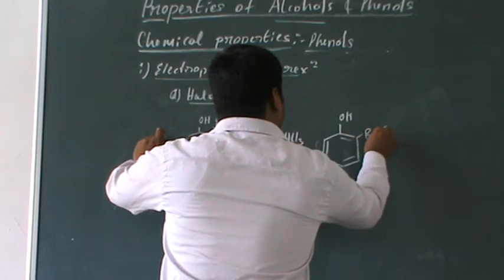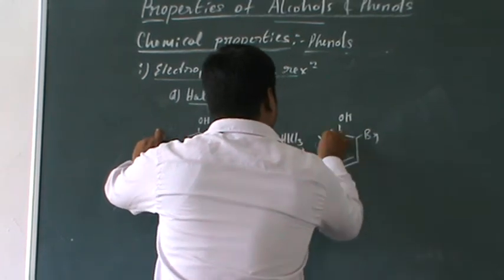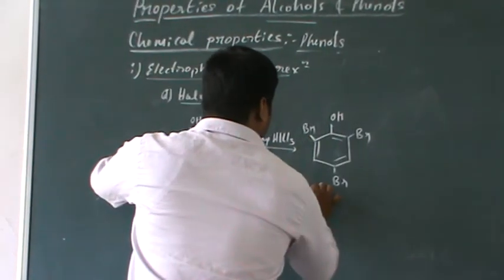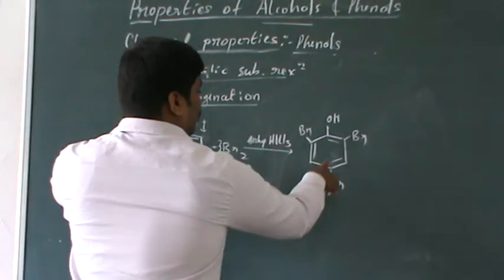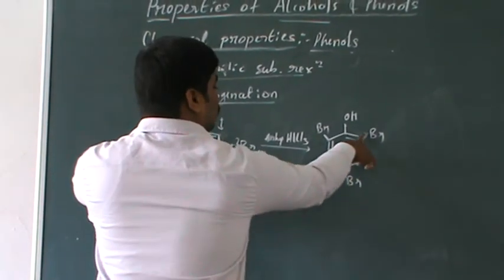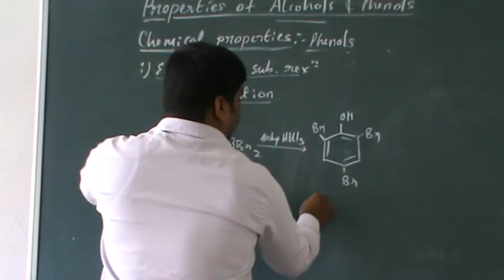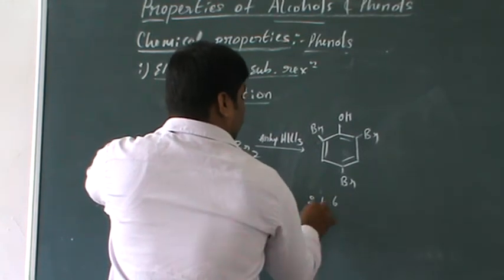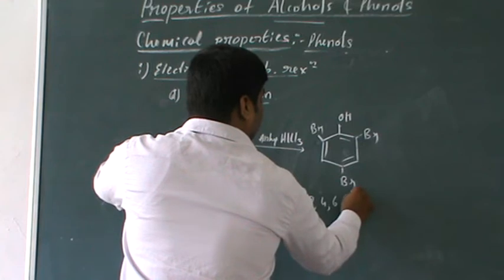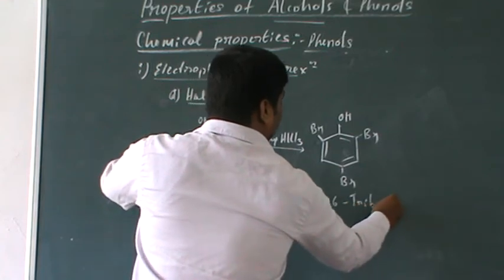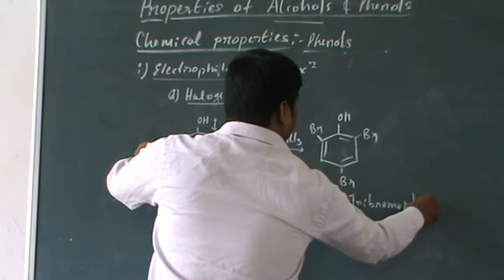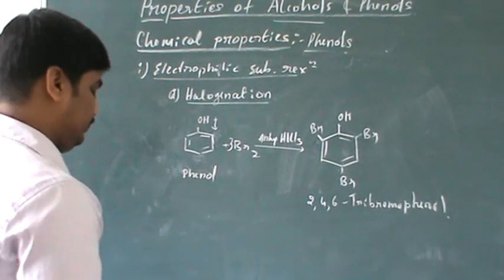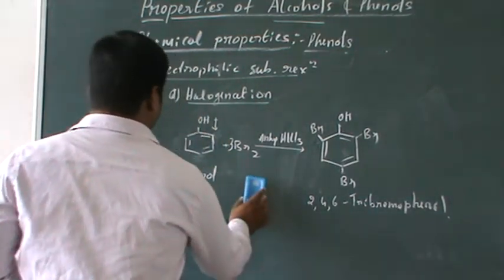In case an excess quantity of bromine is used in the reaction, it produces 2,4,6-tribromophenol. This is phenol with 3 bromine.